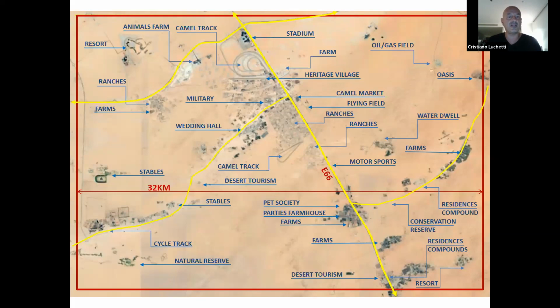You can see that there are some public functions, some governmental functions, but most of them are functions that support the nature of Dubai as a tourist destination. So even the heritage village, the different parties, farmhouses, lots of desert tourism, and some other functions that might be too expensive to locate in the city, so they're located in the desert.